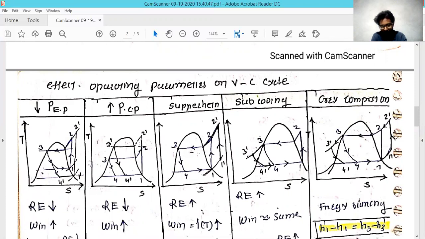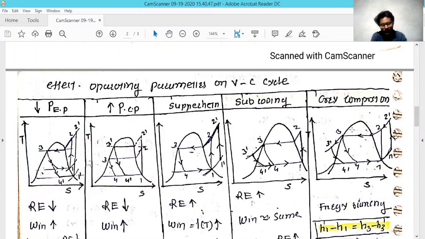In the Rankine cycle, we changed the different pressures and did some undercooling and superheating. Because of that, in some conditions we got a good result, and in some conditions we got a bad result. So in a similar manner, we have to check this method in the refrigeration cycle as well.